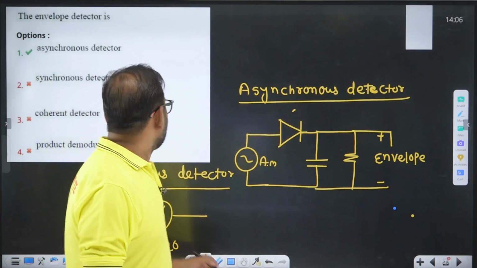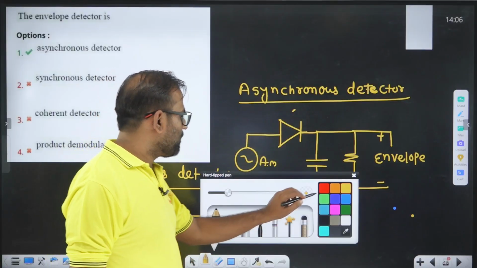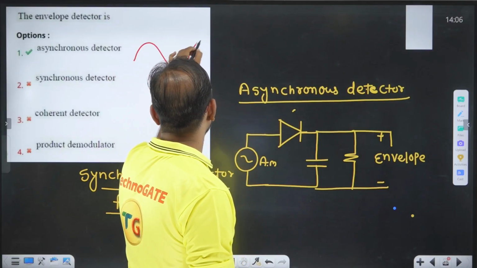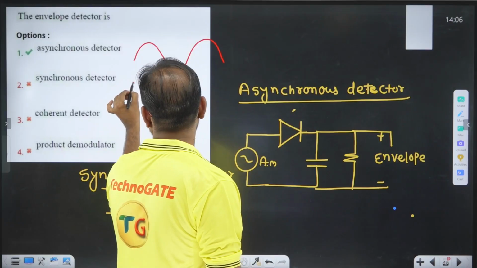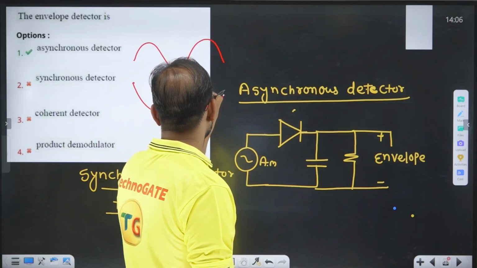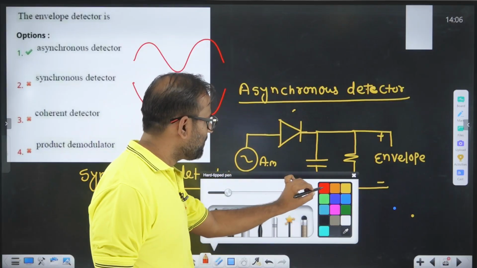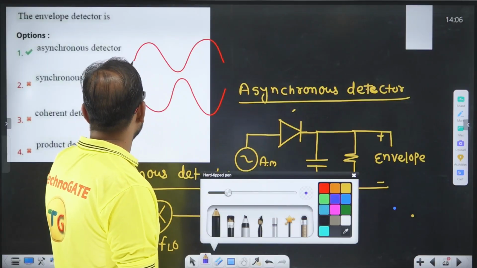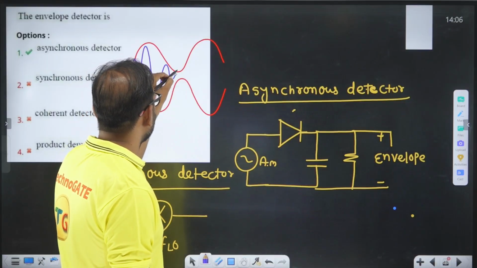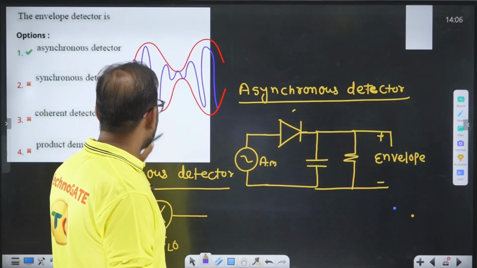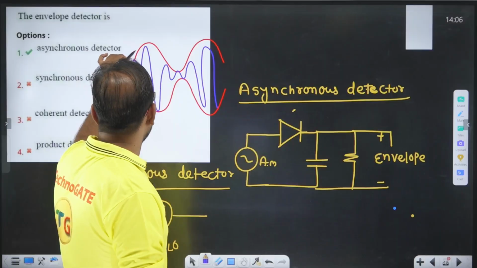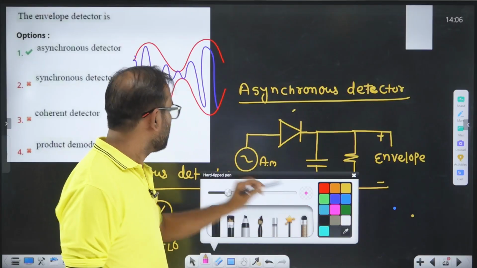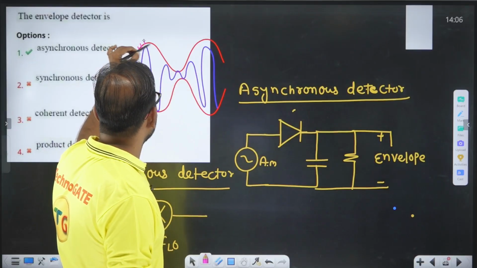If I want to draw the output of an amplitude modulated signal, the output looks like this. This is your envelope. This outer boundary is known as the envelope. And what is inside this? Inside this we are having one carrier wave. So which part is known as the envelope? This part is known as the envelope.